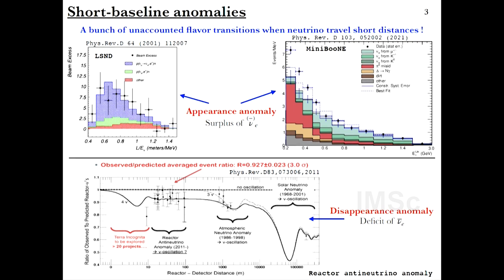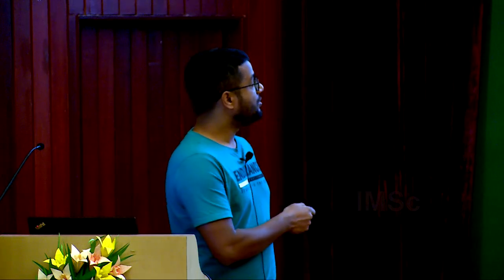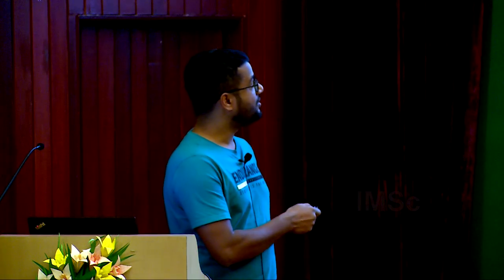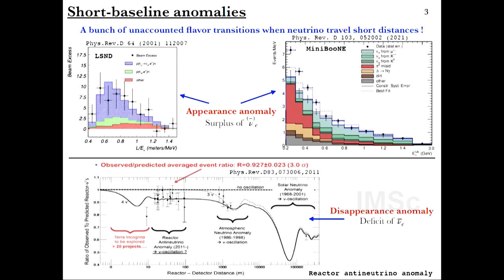So basically, as you all know, in nuclear reactors we have nu E bars coming out. If those nu E bars propagate for a substantial distance, they may oscillate into other flavors, which is to say that the probability that the nu E remains a nu E may start deviating from 1. In the standard neutrino oscillation scenario, we expect that to happen only when the neutrinos have traveled roughly 1 kilometer.